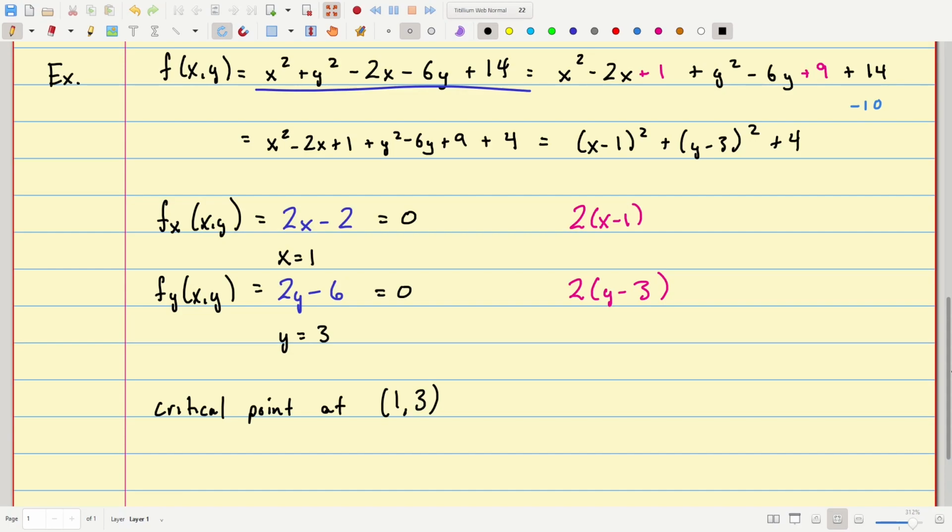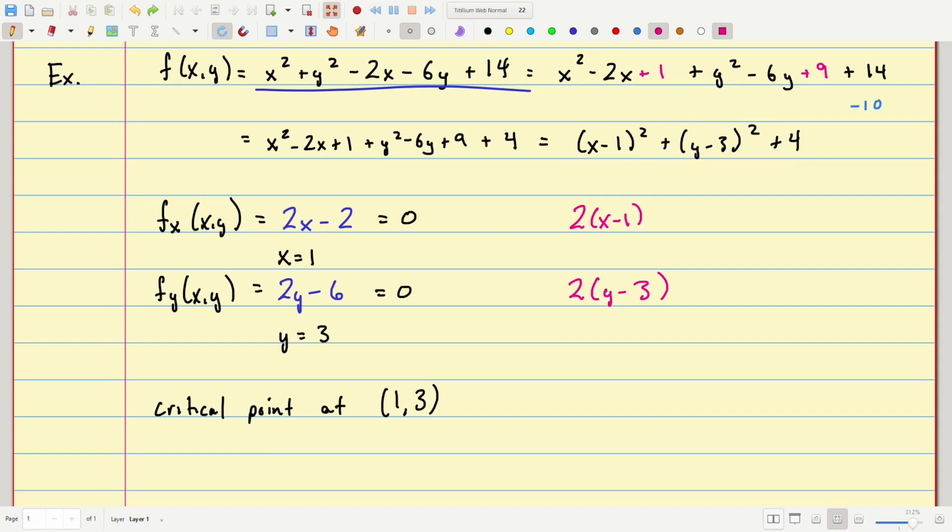So looking at our expression here, we know that the critical point's at 1, 3. If we plug 1, 3 into our expression here, which is a lot easier to plug in values to, we're going to get 4. Okay. If I plug in any value that's not 1, 3, I'm going to get a number that's bigger than 4.